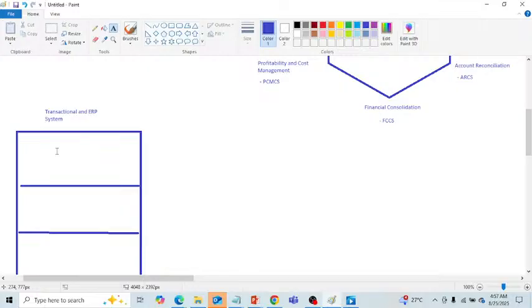So what do we have under the ERP and transactional system? Let me discuss.